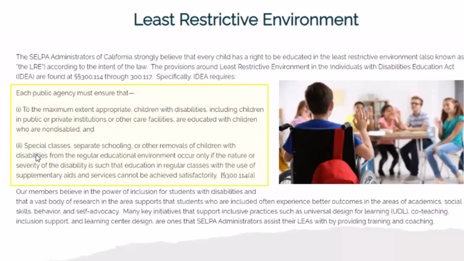The second part is special classes, separate schooling, and other removals of children with disabilities from the regular education environment occur only if the nature or severity of the disability is such that education in regular classes with the use of supplementary aids and services cannot be achieved satisfactorily.